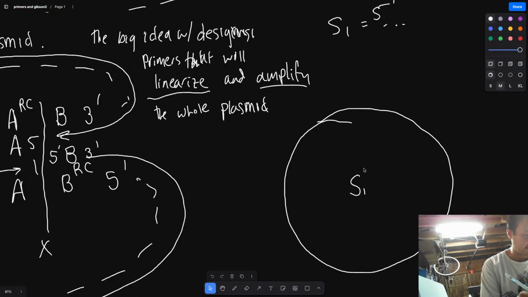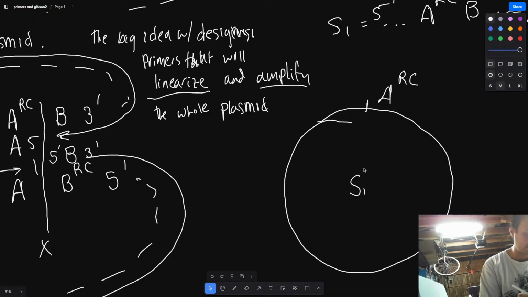And then it's going to have A, R, C, B, dot, dot, dot. And it's going to loop around. This is still the 3 prime, but it still loops around. That's fine. So let's call this A, R, C. And we'll have the outsides go counterclockwise.